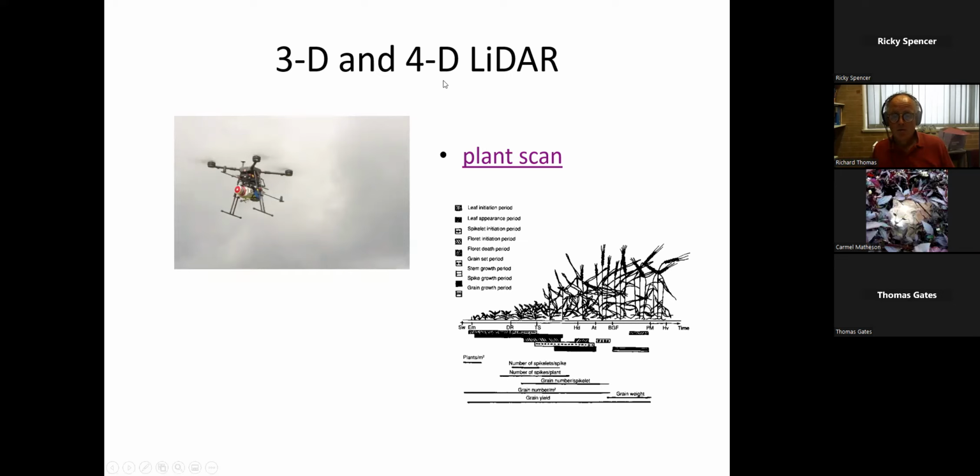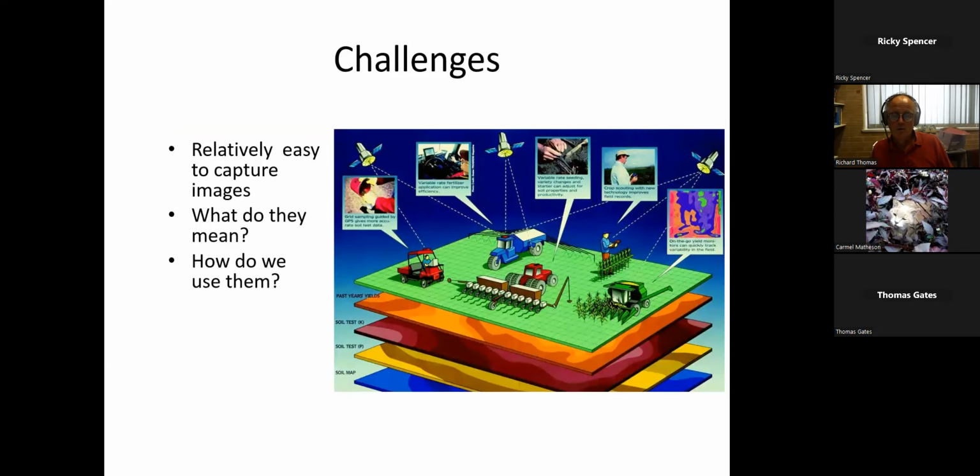A 3D LiDAR survey will tell you the height. Doing it in 4 dimensions with multiple images over multiple days will give you a time scan. That's a huge amount of data. Just the data holding capacity and data processing is what held this stuff back for years. But now it's pretty much the sky's the limit in what we can do.